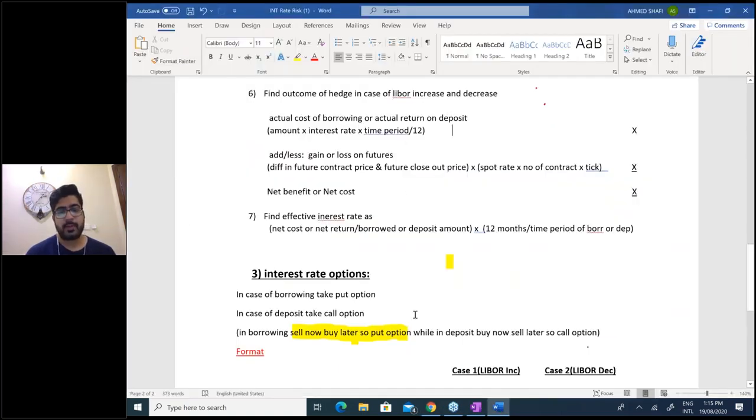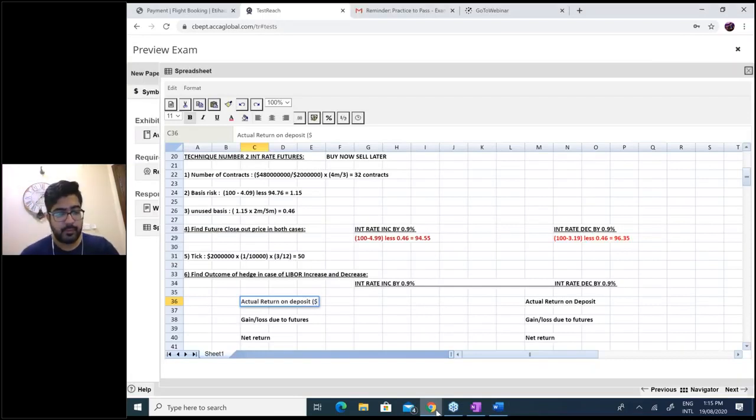Amount into interest rate into time period over 12. So what is the amount? 48 million. Interest rate: what rate are you depositing at? 4.09% is the current interbank rate. You are doing the case if it increases by 0.9 and becomes 4.99, but you can deposit at 20 basis points, 0.2% less. So remember, as you did before, 4.79%. 48 million is the amount into interest rate.